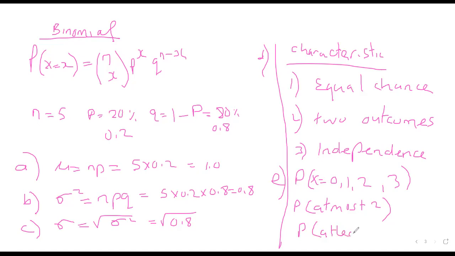Each of these, we need to use a formula. At most 0, 1, 2, 3, you need to use this formula here. So we have our n as 5 and our p as 0.2, and our q obviously is 0.8.